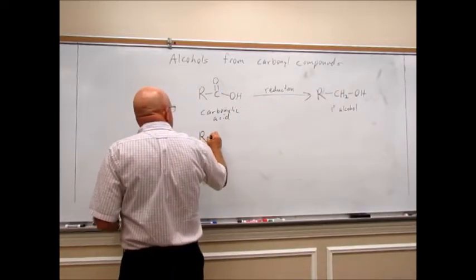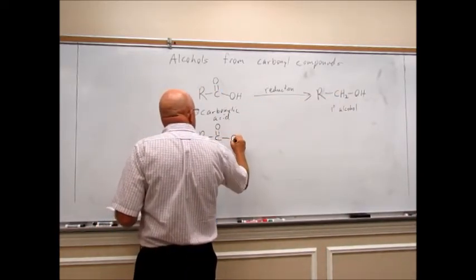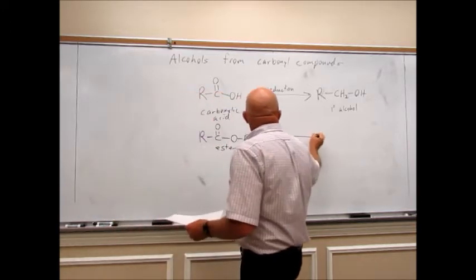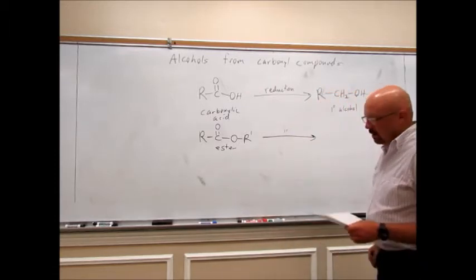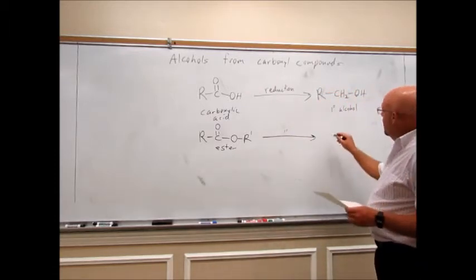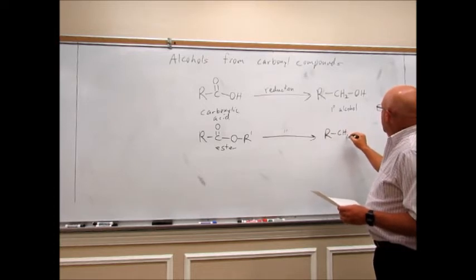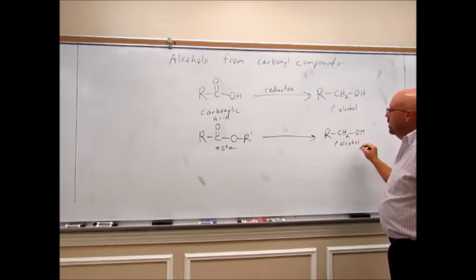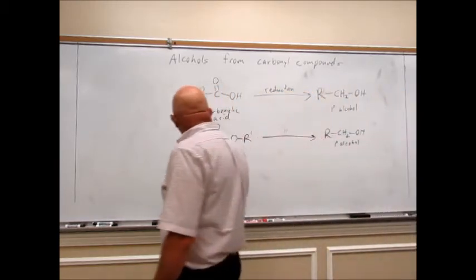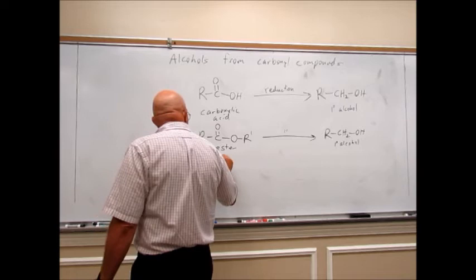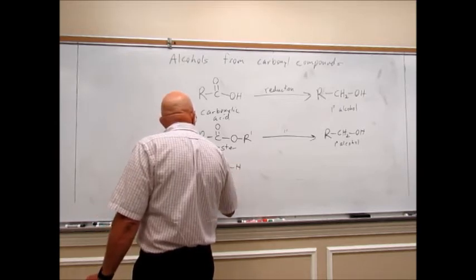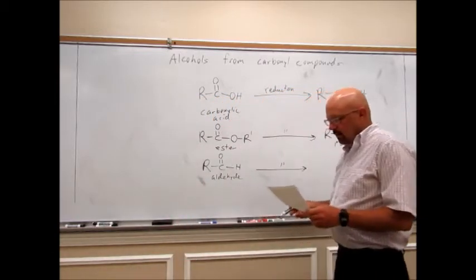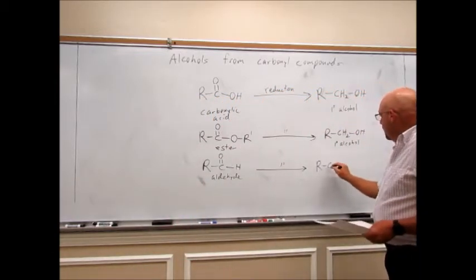We can reduce an ester. We can do the reduction of an ester. For the ester, we get a primary alcohol when it's reduced. We're going to be looking at the reduction of an aldehyde. And if we reduce an aldehyde, we get a primary alcohol.